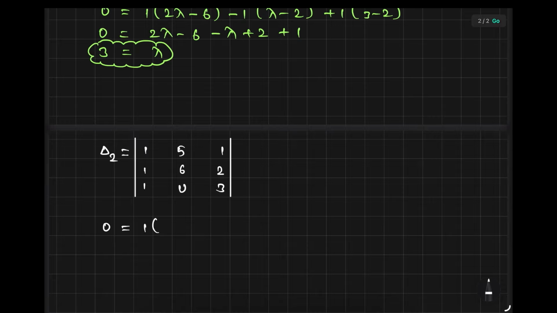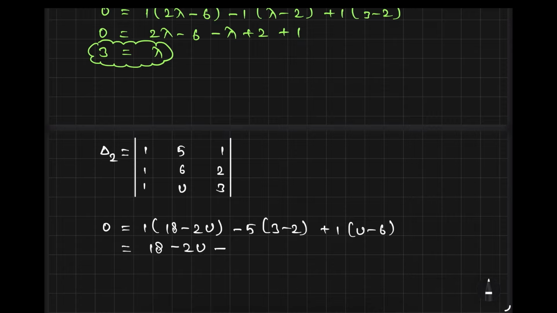So 1 times (18 minus 2u), minus 5 times (3 minus 2), plus 1 times (u minus 6). Now 18 minus 2u minus 15 plus 10 plus u minus 6.